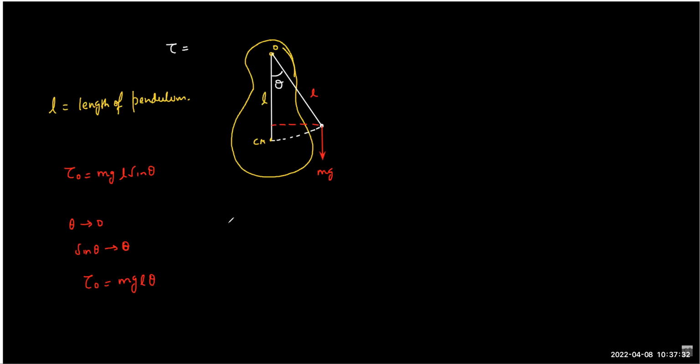So the angular acceleration will be, because theta will grow this direction, but alpha is in this direction. So they are opposites. So that alpha is minus tau restoring upon moment of inertia about O. This is how we write, isn't it?